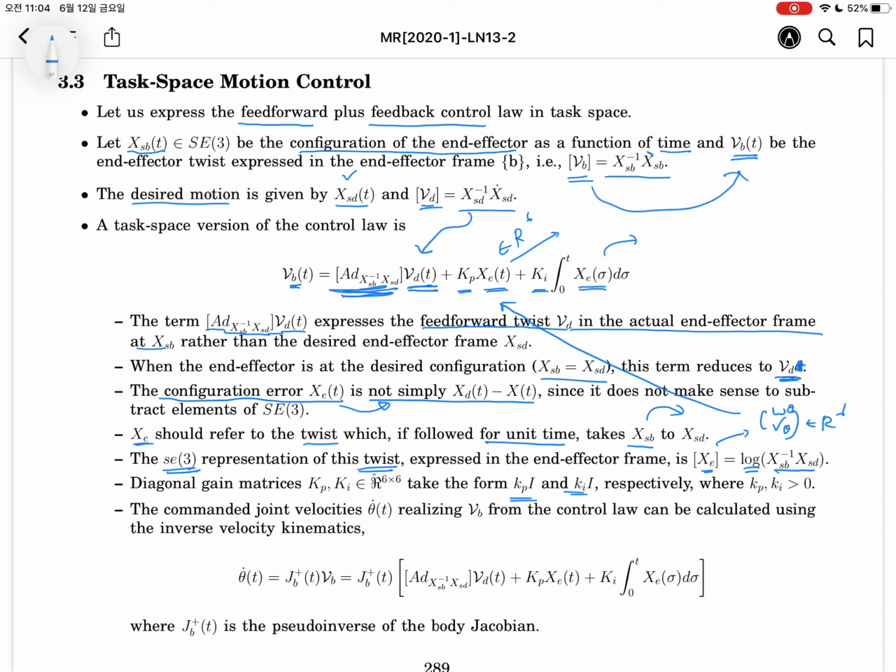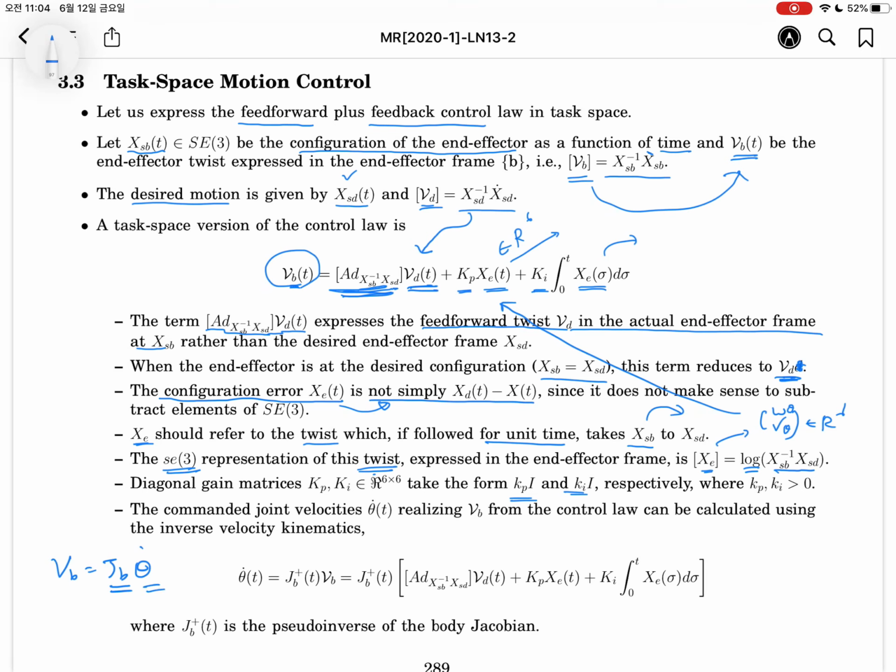The commanded twist is the control input, but it cannot be applied to the amplifier for joint control. So we will use kinematic resolution. The body twist will be equal to the body Jacobian times theta dot.